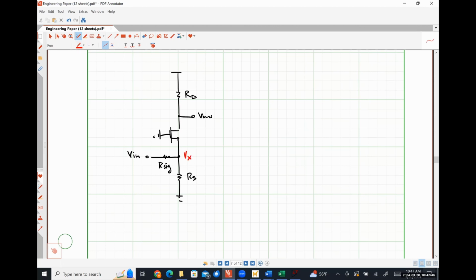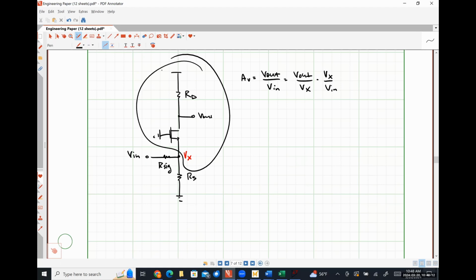I'm going to call that node right there Vx. Okay. So the voltage gain of this circuit is supposed to be the ratio of V out to V in. Correct? That could be expressed as V out over Vx times Vx over Vn. Well, V out over Vx is just the voltage gain of that guy. And then Vx over Vn is just treating this guy down at the bottom as a voltage divider because that's literally all it is.